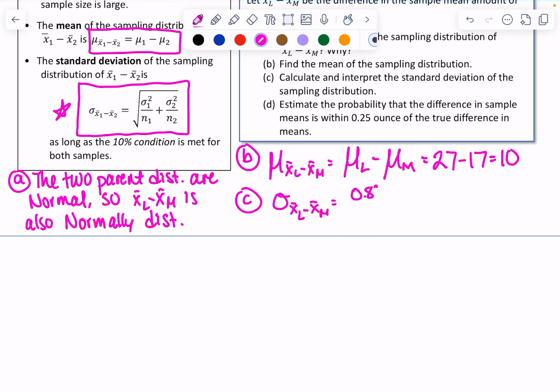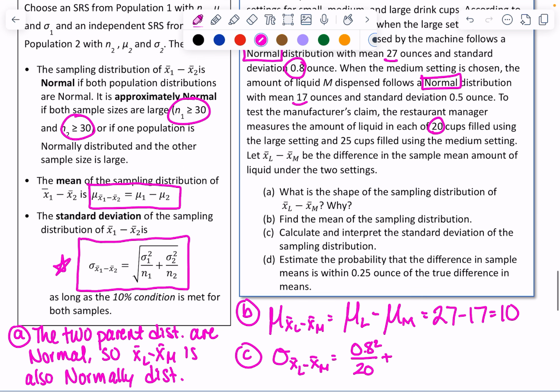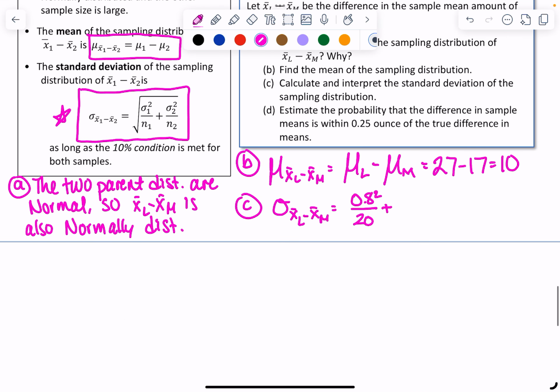So 0.8 squared over 20 plus, now for medium, it was 0.5, and the sample size was 25. You type all that up, you fill it in, and you end up with 0.205.